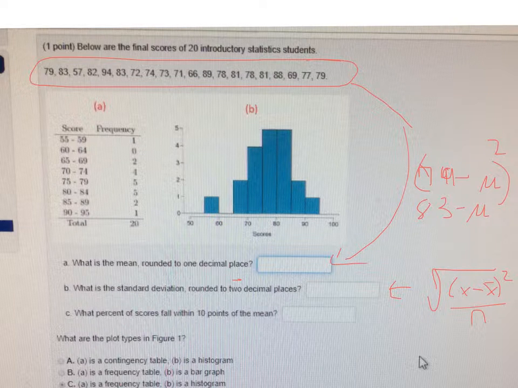What percent of scores fall within 10 points of the mean? When they say within 10 points of the mean, I think they just literally want you to count up the scores that are either 10 greater than the mean or 10 less than the mean.